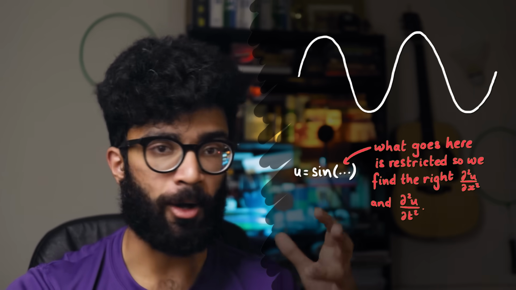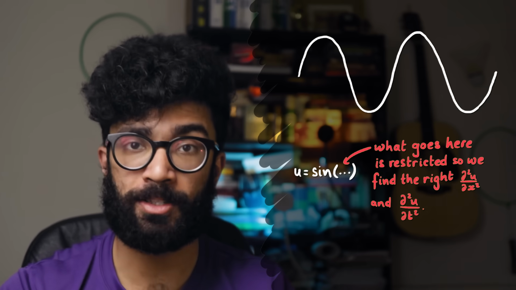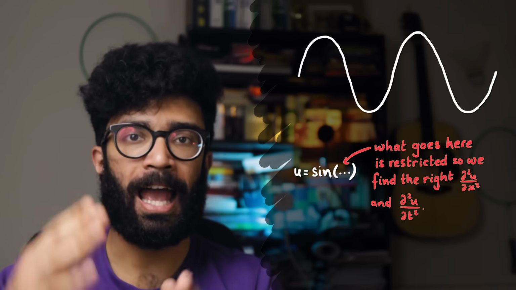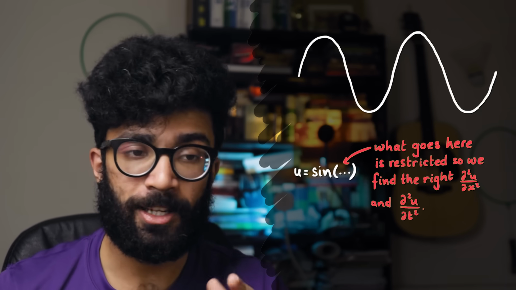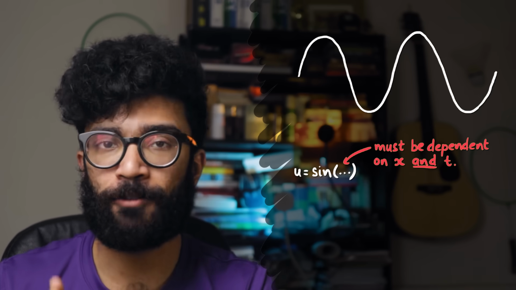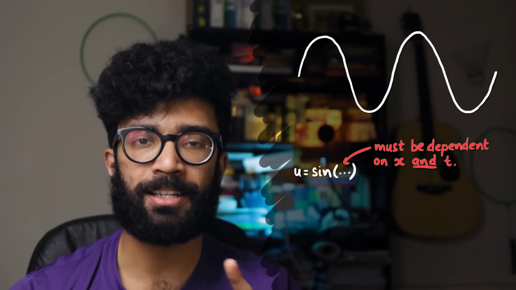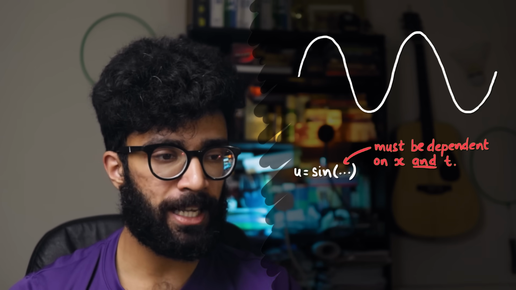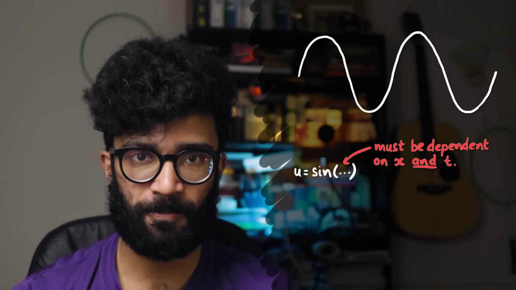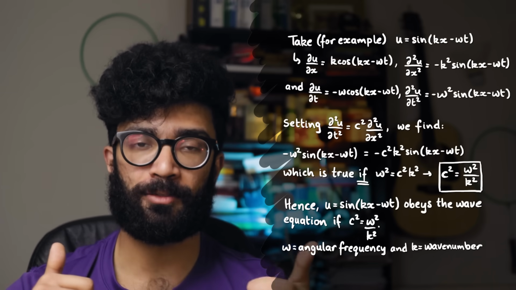But if we want to describe this whole wave for all points along the entire x-axis and for all different times, then we need to worry about the wave being a particular function of both x and t. Exactly what function of x and t we have is going to be related to the speed of the wave. For example, here is a possible solution of the wave equation.